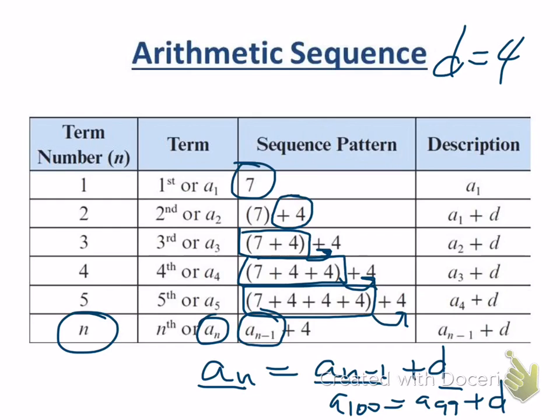So why not just go one more in your making of your list? But what this recursive formula, this pattern, helps you do is this: what you do with the nth term is the previous term plus whatever the common difference is. Okay? Not super helpful, right? But it just gives you an idea of what the sequence looks like.